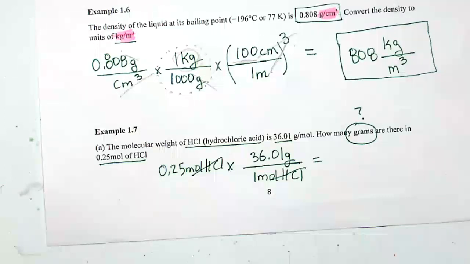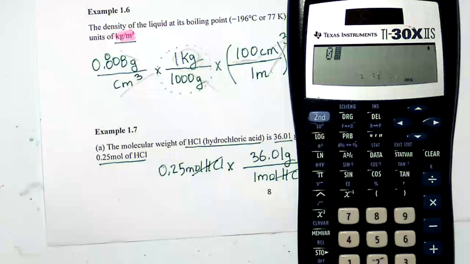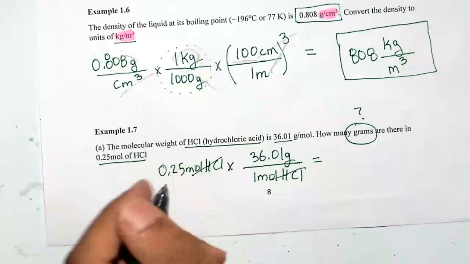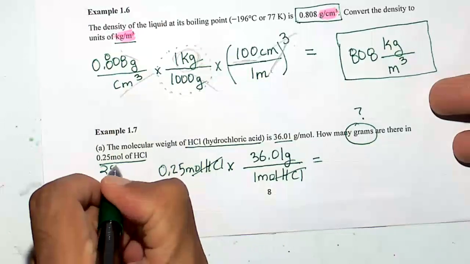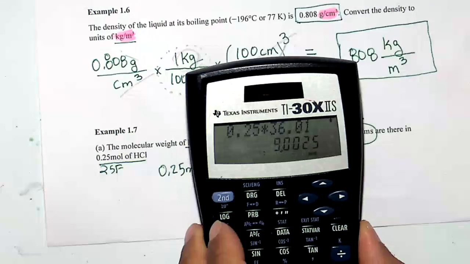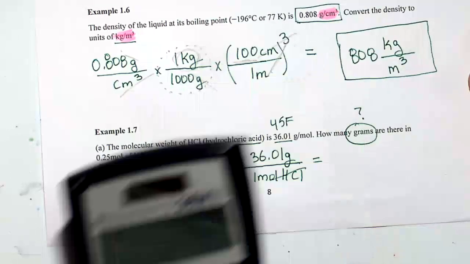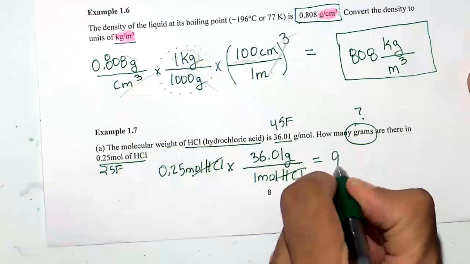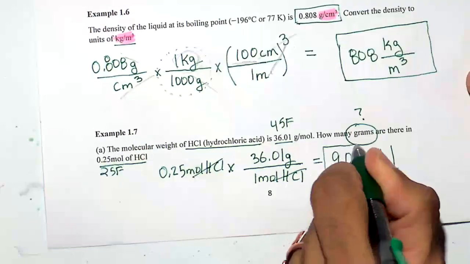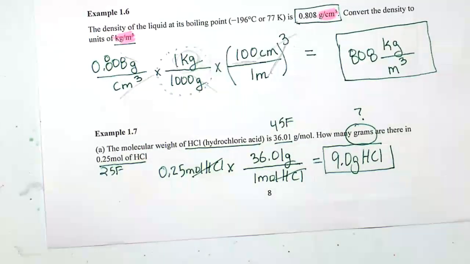Moles cancel. And this should be about 9.0. Let's see here. We got 2 sig figs, 4 sig figs. I'll just report this to 2 sig figs. 9.0 grams of HCl. Okay, this is our answer.